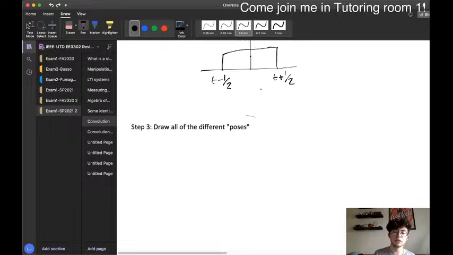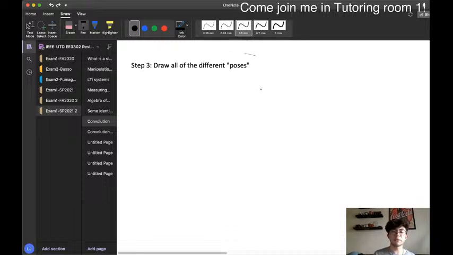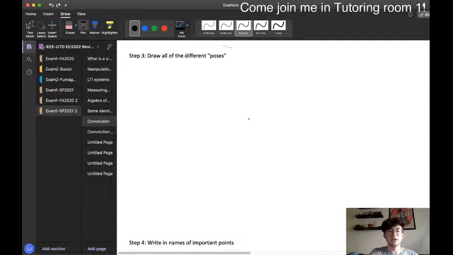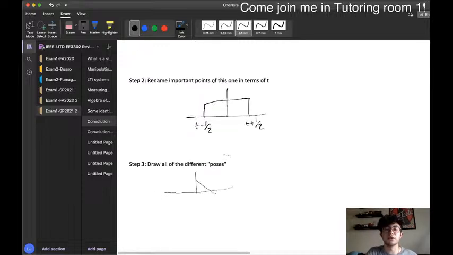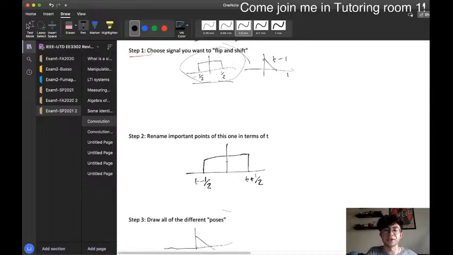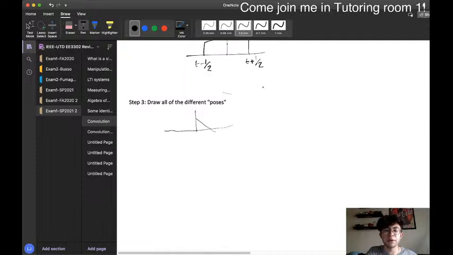So the next step here is to draw what I call the poses of the two signals. So every position that signal 1, that we're flipping and shifting, can be with respect to signal 2. In the case where both of them are bounded, so the left and right endpoints exist on both of these, there are going to be 5 different ones.